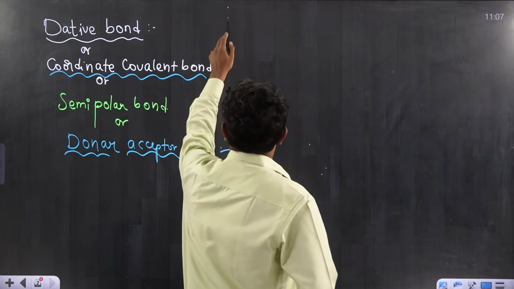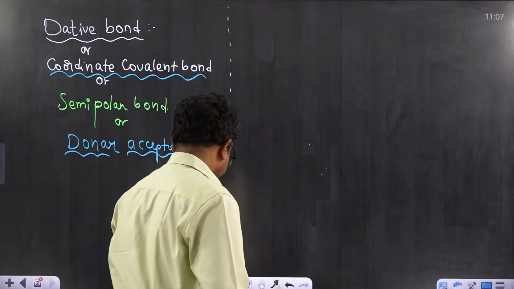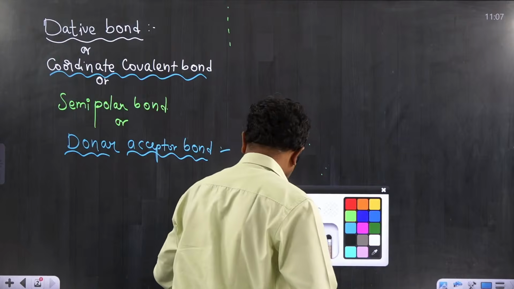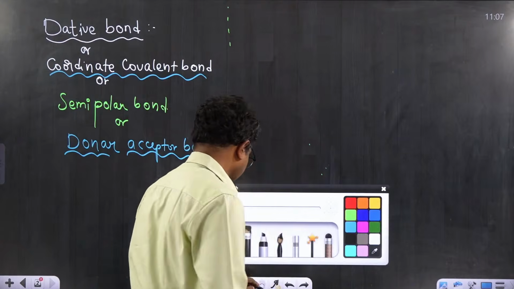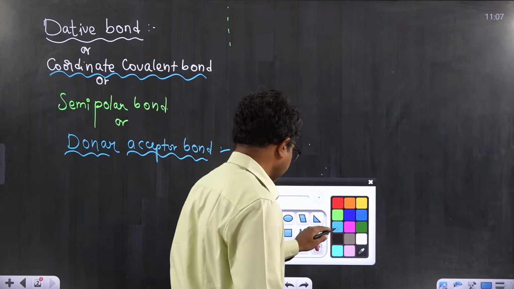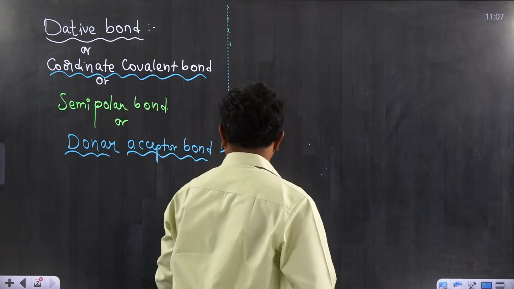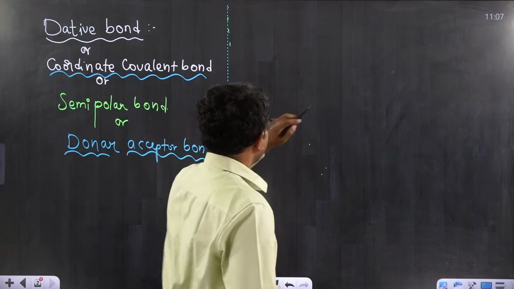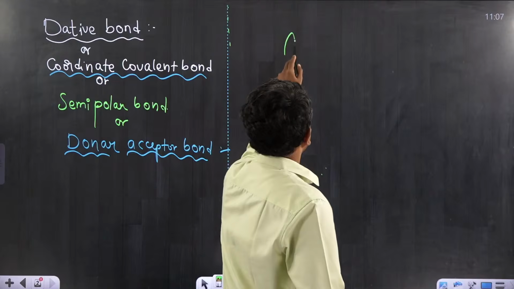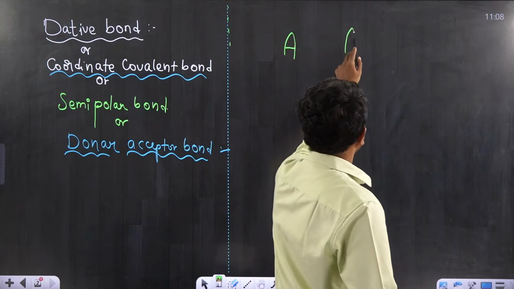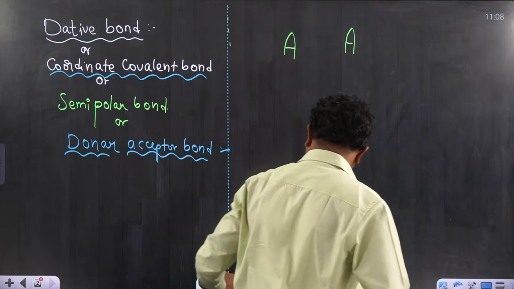As we are talking about covalent bond, let's say a bond between an A atom and another A atom.